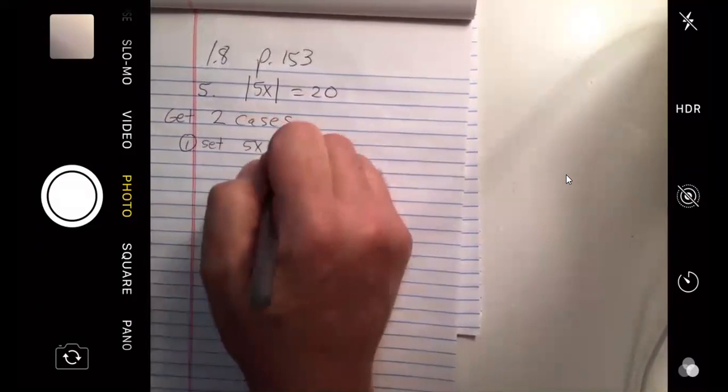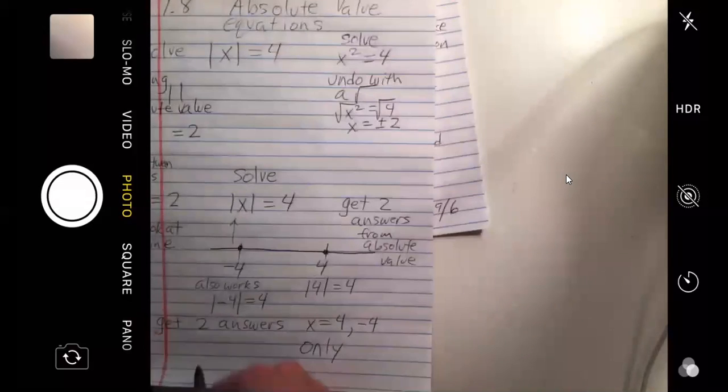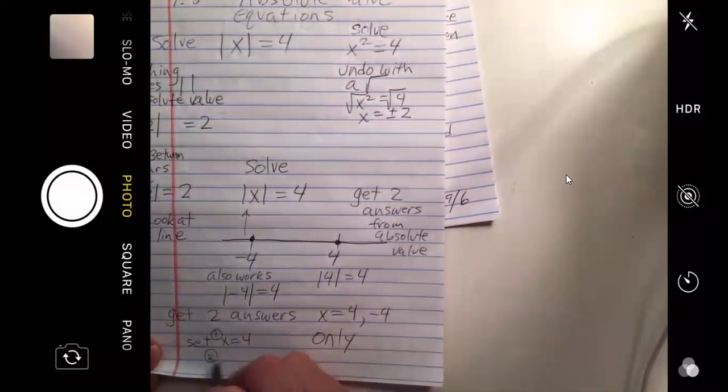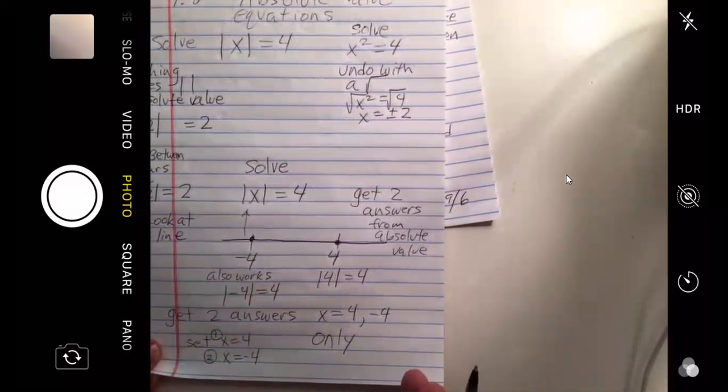Case 1, set what's between the bars equal to 20, the positive version of this. Back over here on the simplest case, you set the x equal to 4, case 1, and case 2, x equals negative 4. Because it's a straight x, you're done.